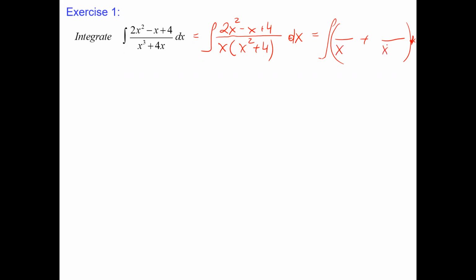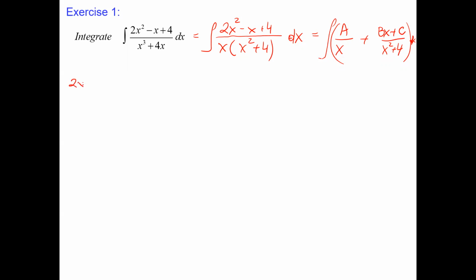X and then x squared plus 4. Above the x, we can put just a constant. But above the quadratic factor, we have to put the linear form, bx plus c. Let's find a, b, and c.